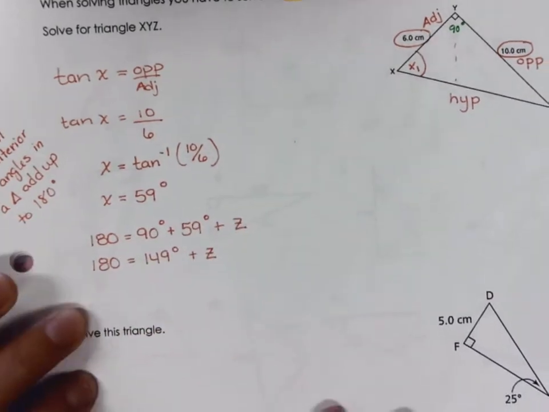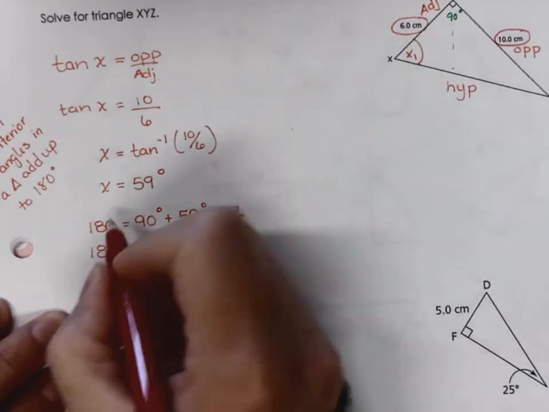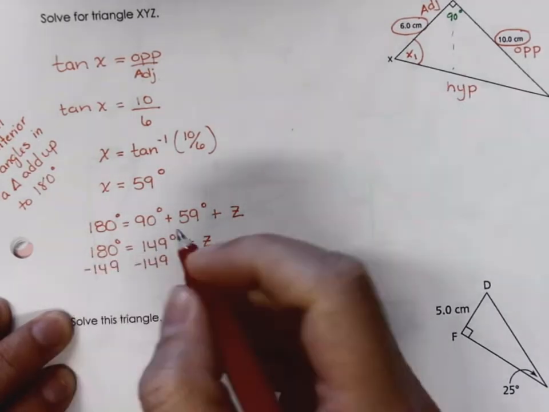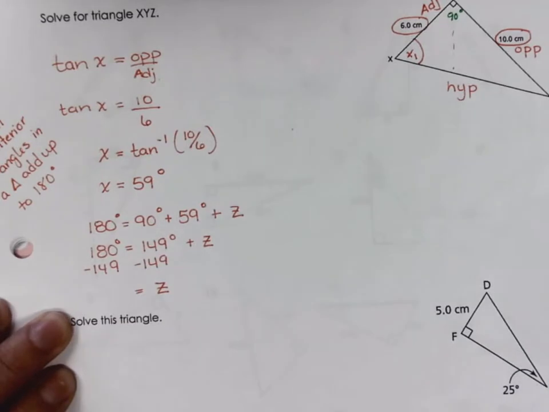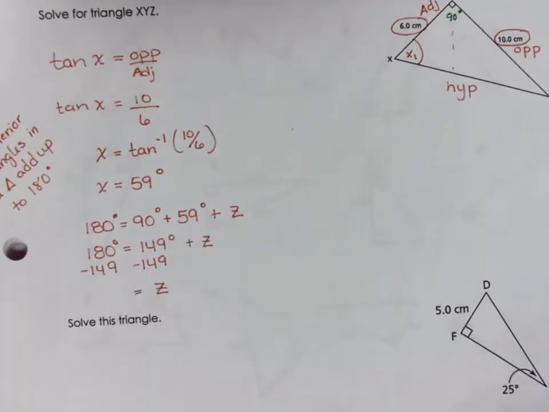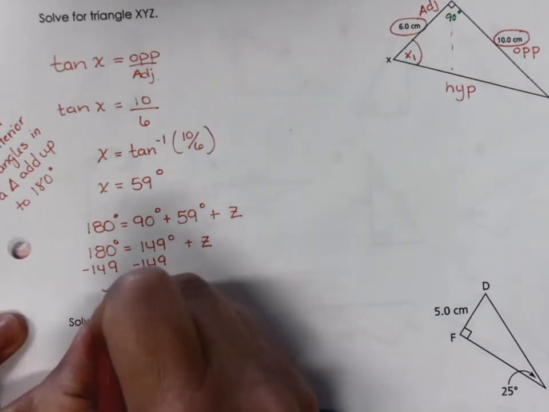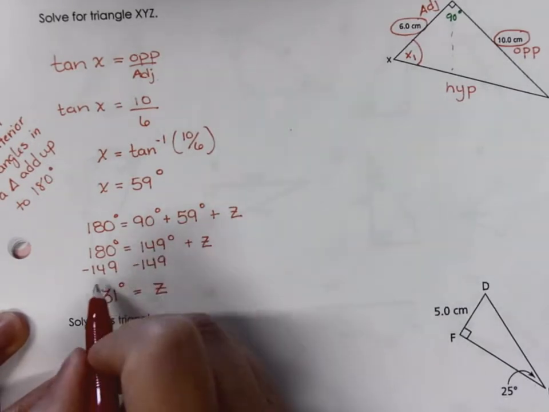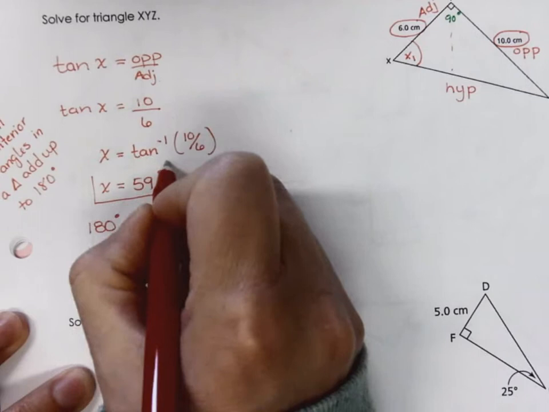I always cross my Z's so that you know they're not 2's. Minus 149. Ooh, I forgot my degree symbol there. Minus 149 from each side. So we are going to have Z left on that side. And 180 minus 49 is going to be 31. So angle Z has a measurement of 31 degrees.